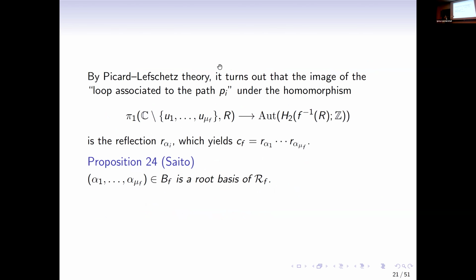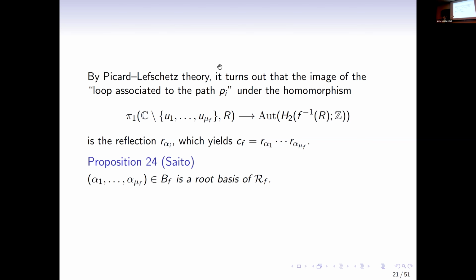In order to relate the distinguished bases and the Weyl group elements, this is a remark on the relationship. In order to consider the distinguished bases, we need to consider the larger space, not the smaller. But by considering parallel transport, in some sense, we can consider a group homomorphism from this fundamental group to the automorphism group over some fixed fiber.